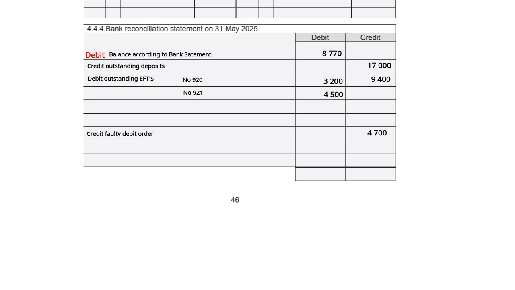Then number L. A deposit of 5,400 Rand on 13 May appears incorrectly on the bank statement as a debit of 4,500 Rand. So because the bank statement had the error, we have to fix this transaction in our bank reconciliation statement.